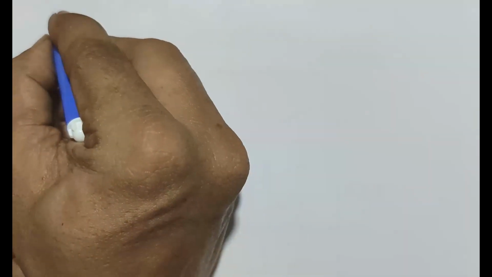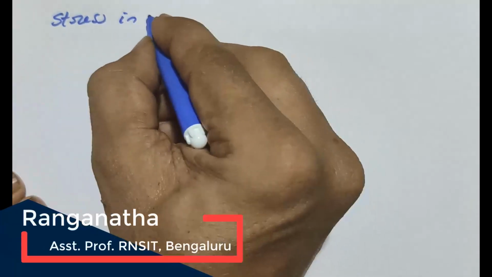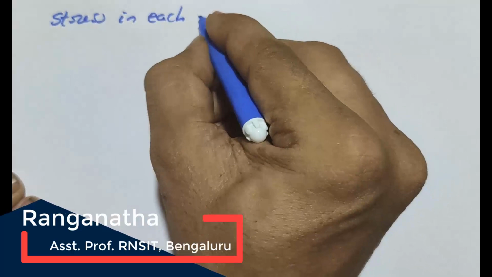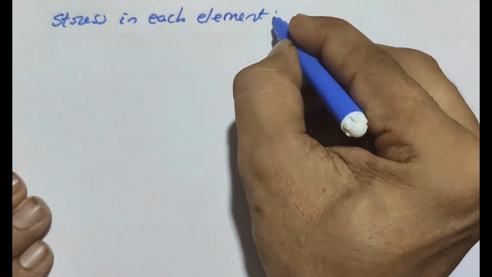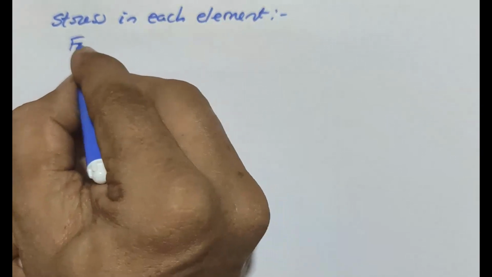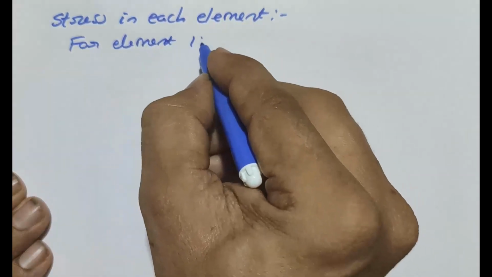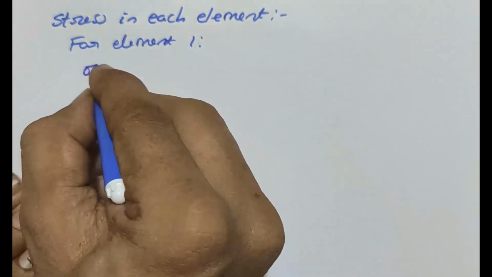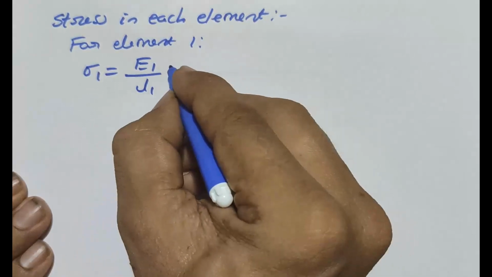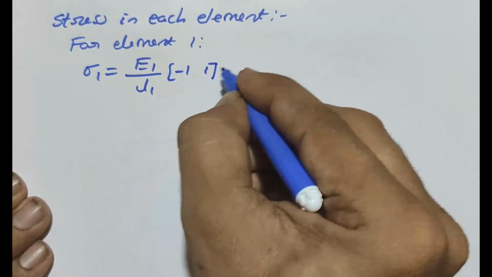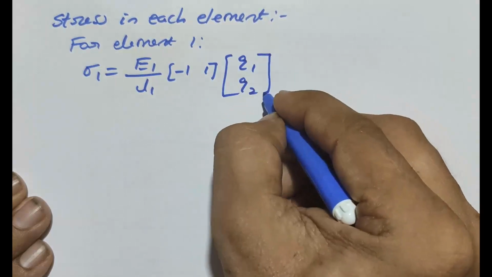Next we need the stress in each element. For element 1, we have sigma 1 is equal to E1 by L1 into minus 1, 1 into Q1, Q2.